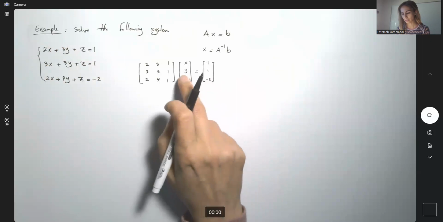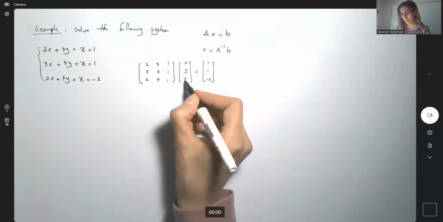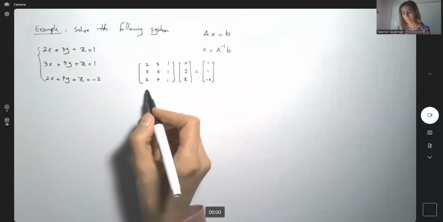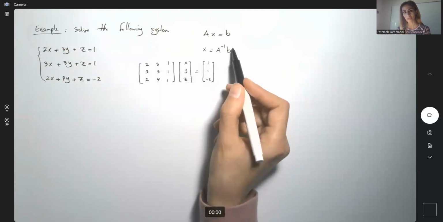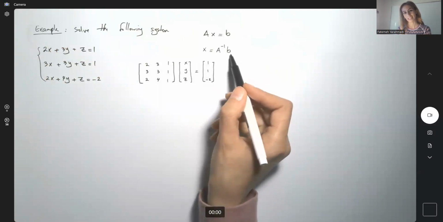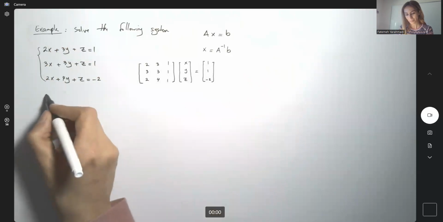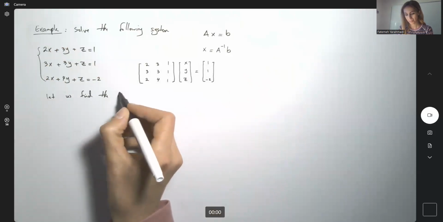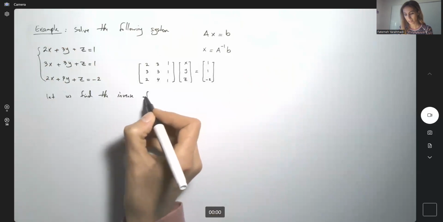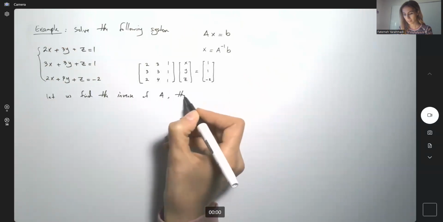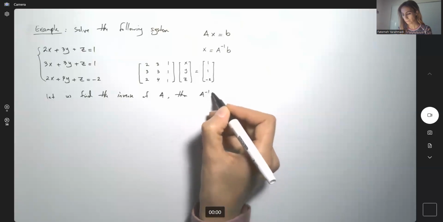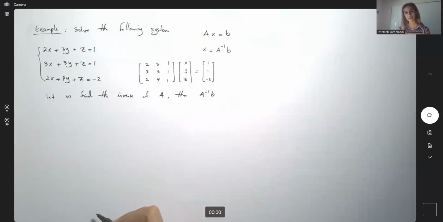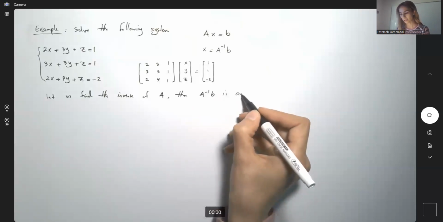Very good. So let us find the inverse of this matrix, and then just find the multiplication between the inverse of A and B. Then we're done. The inverse of A multiplied by B is our answer.